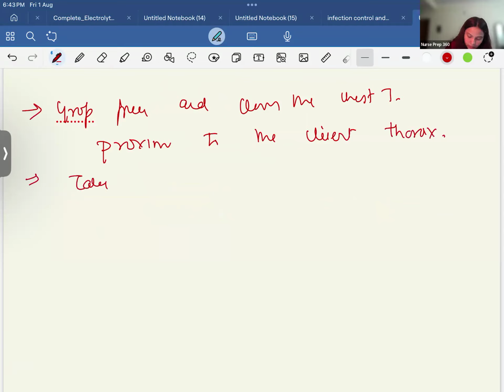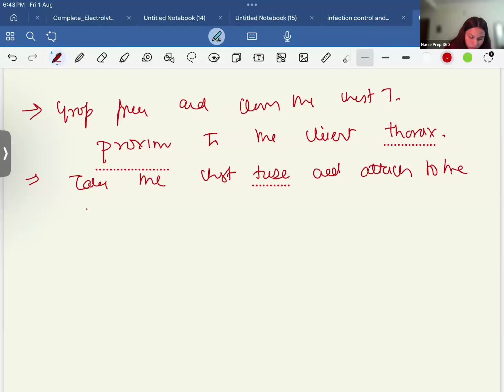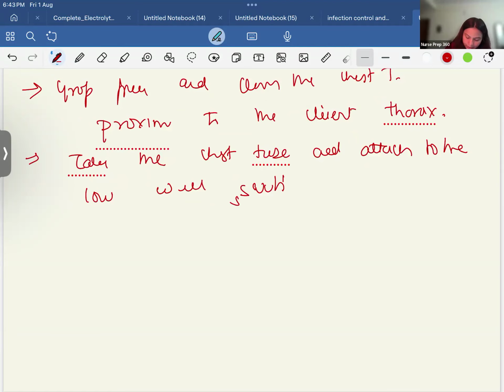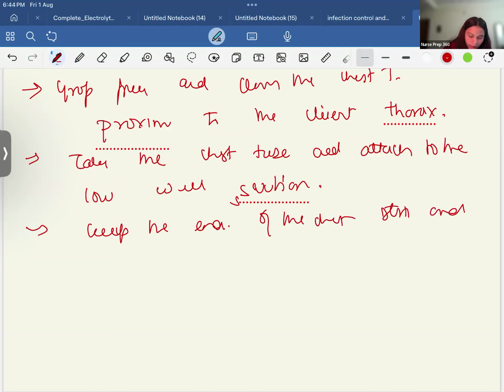Second, take the chest tube and attach to the wall suction. Third, keep the end of the chest tube sterile and contact physician.